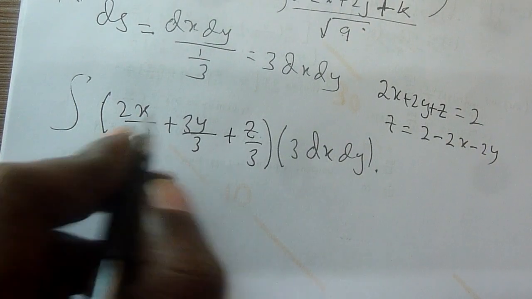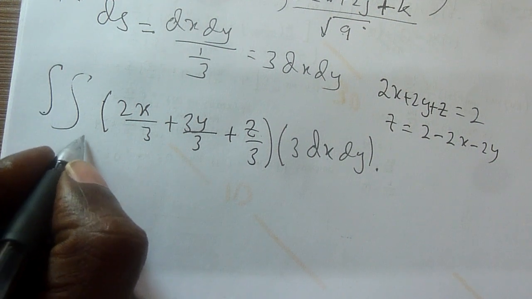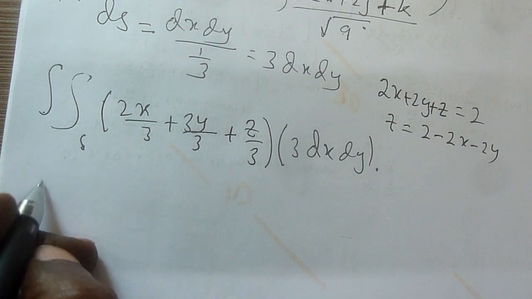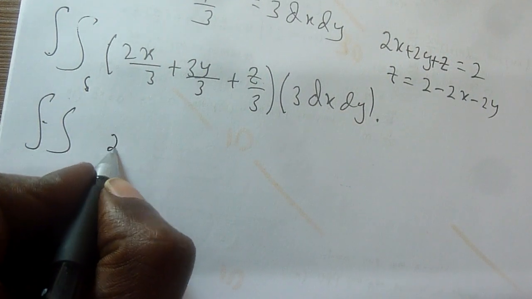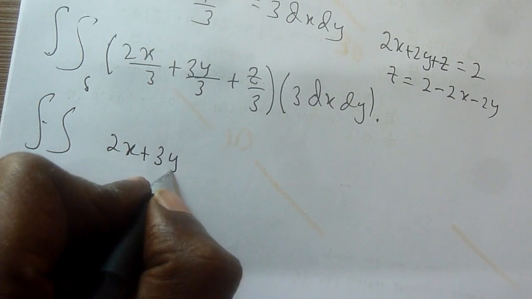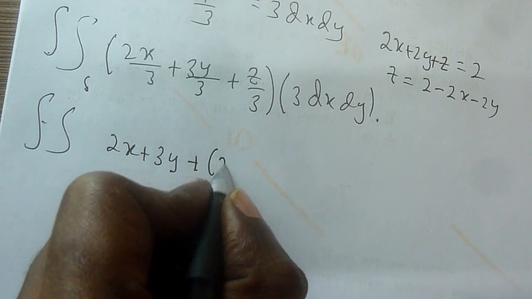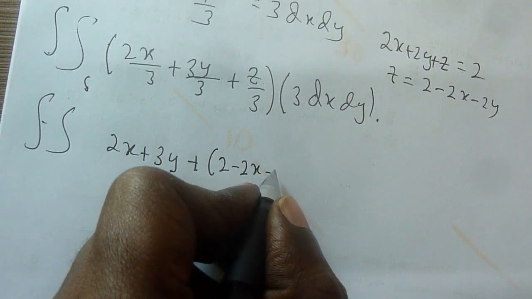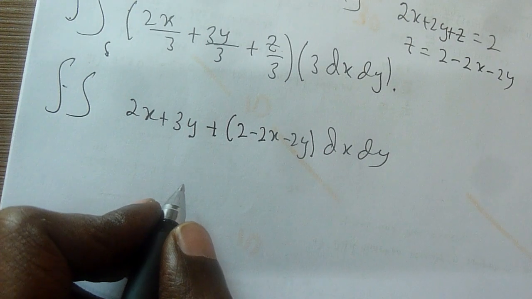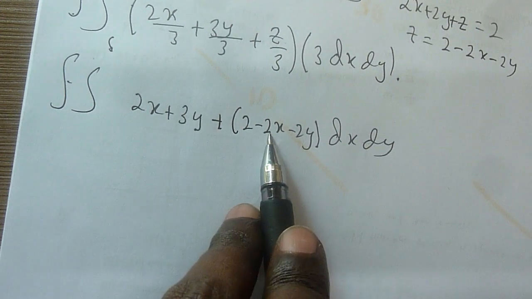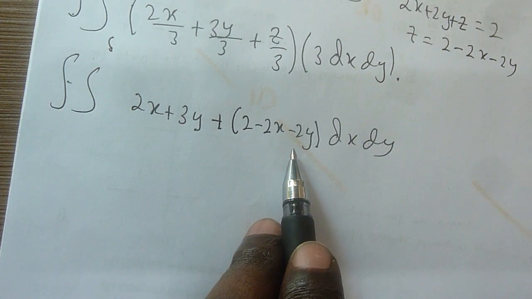Okay, then we place this inside: 2x, 3y, plus z as 2 minus 2x minus 2y, dx dy. Okay, then disappear.